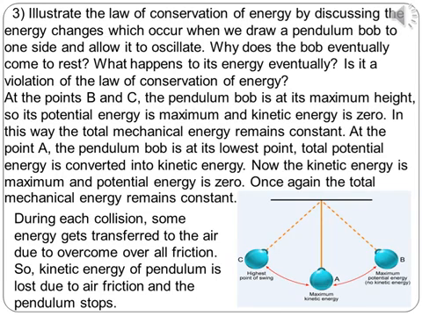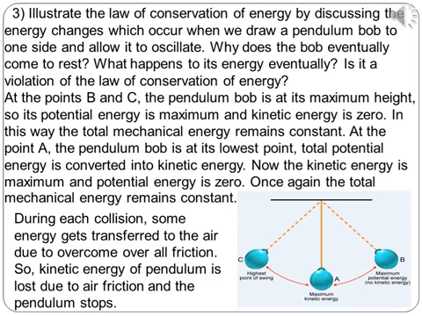As shown in the given figure, at the points B and C, the pendulum bob is at its maximum height. So, its potential energy is maximum due to this height, and kinetic energy will be equal to 0 when the velocity of the bob is equal to 0. In this way, the total mechanical energy remains constant. At the point A, the pendulum bob is at its lowest point.